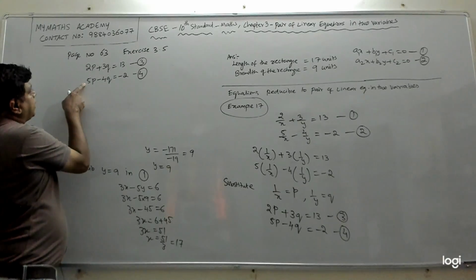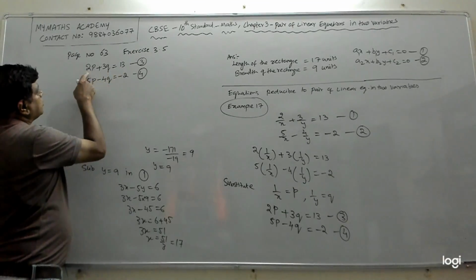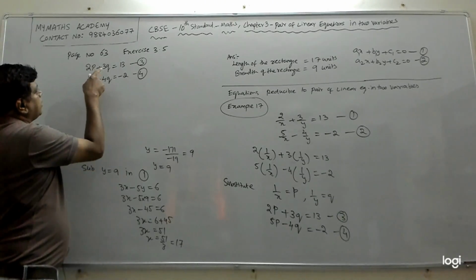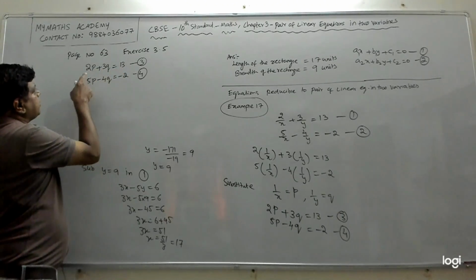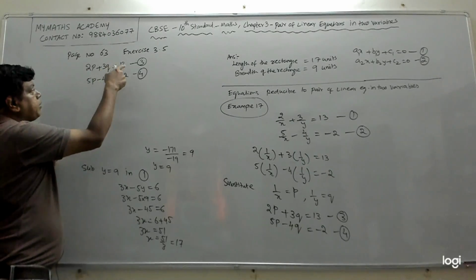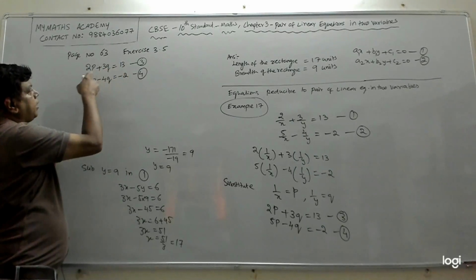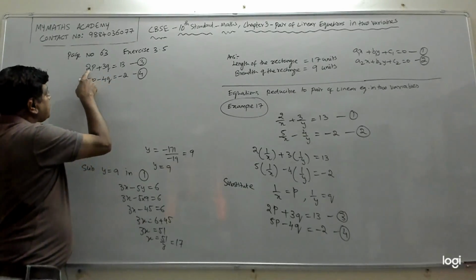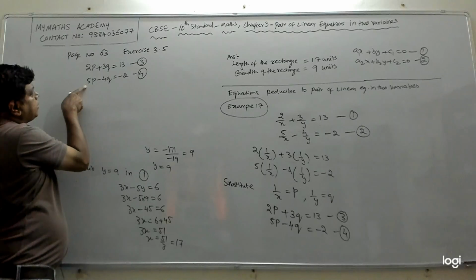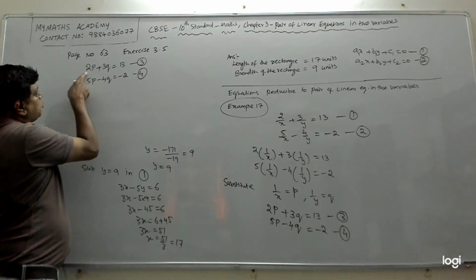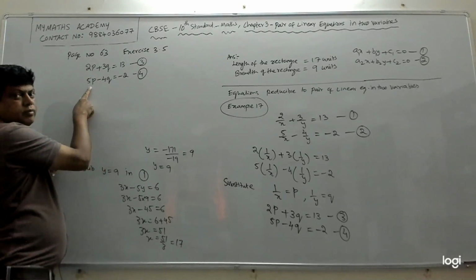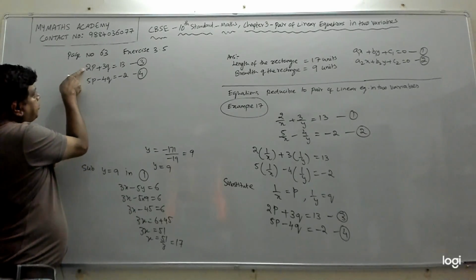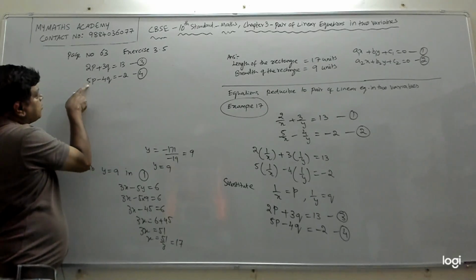If we multiply this entire equation 3 by 5, then 2p will become 10p, this will become 15q, this will become 65. Again, if we multiply equation 4 by the coefficient of p here, by 2, this will also become 10p. So 2 into 5 becomes 10, and 5 into 2 also becomes 10.